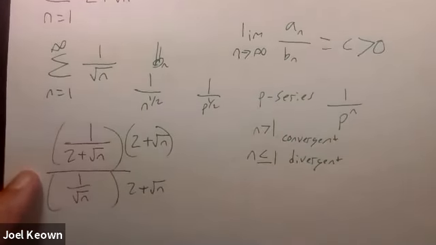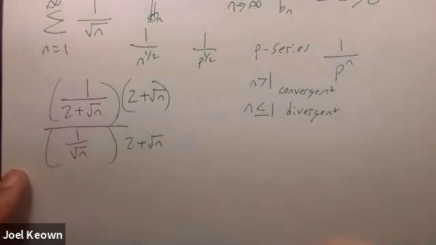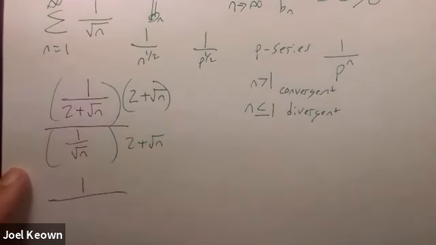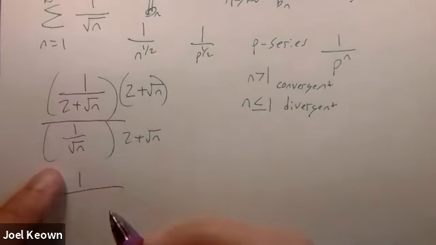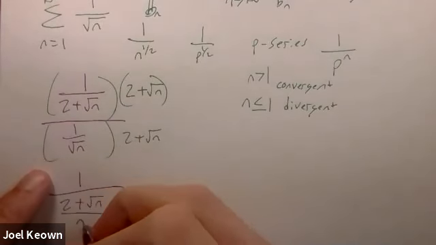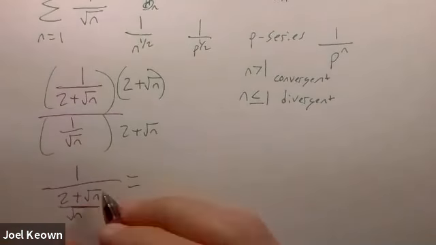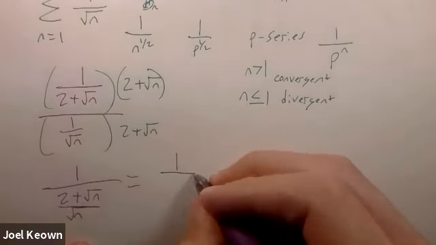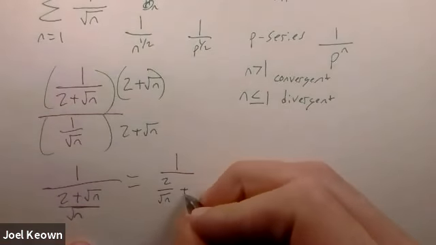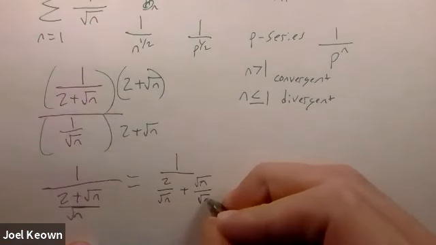If I do that, those two cancel out. I end up with a 1 on top. On the bottom, I have 2 plus square root of n over square root of n. Well, I can break this into 2 different fractions and say this is 1 over 2 over square root of n plus square root of n over square root of n.